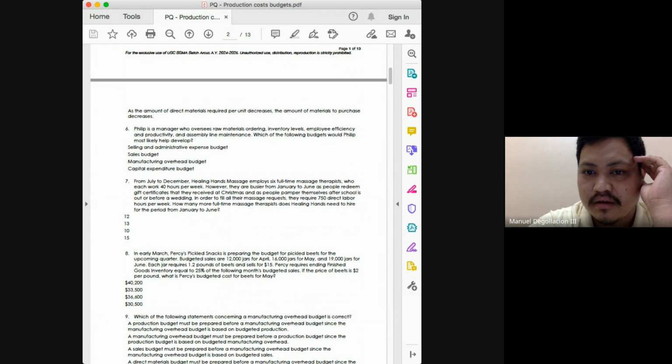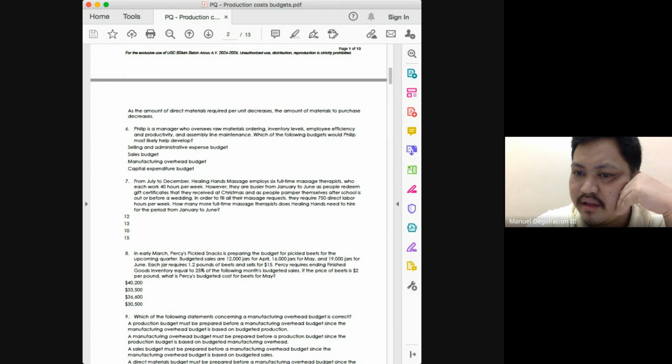Obviously, capital expenditure budget is not part of the scope of work of Philip. So again, the answer here would be manufacturing overhead budget. A manufacturing overhead budget details the amounts to be paid from your overhead.